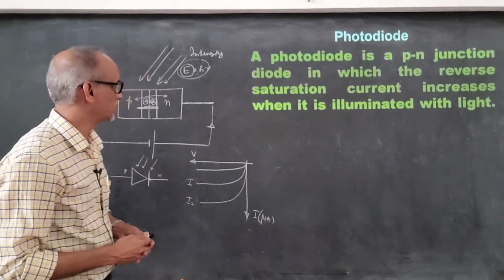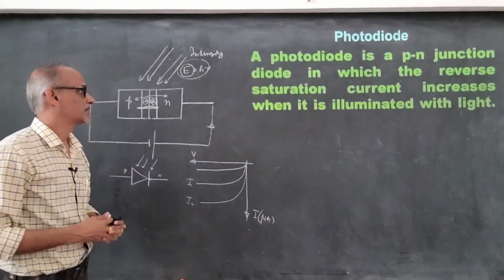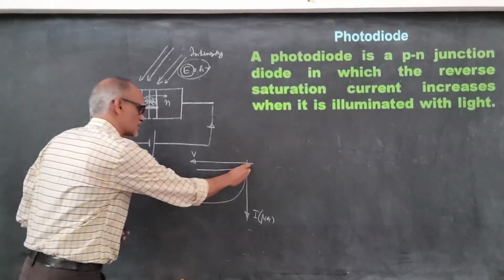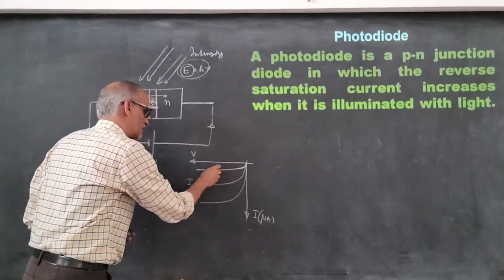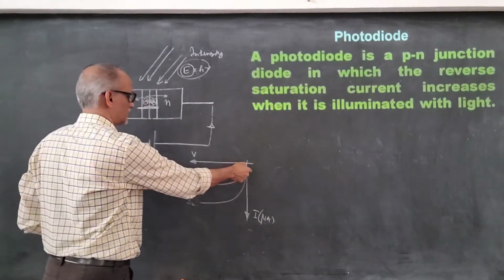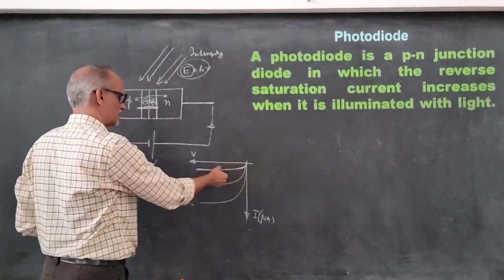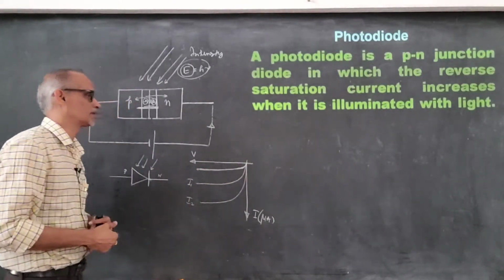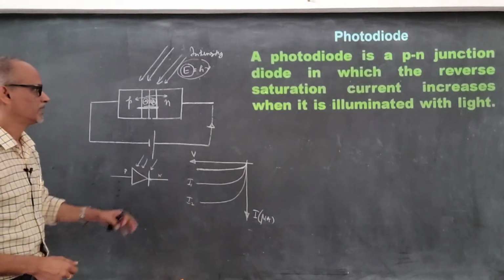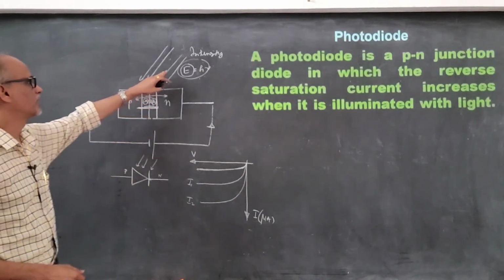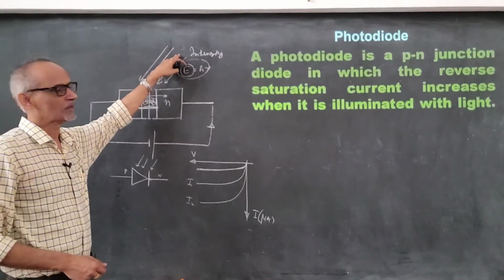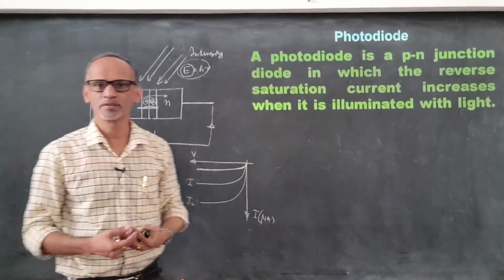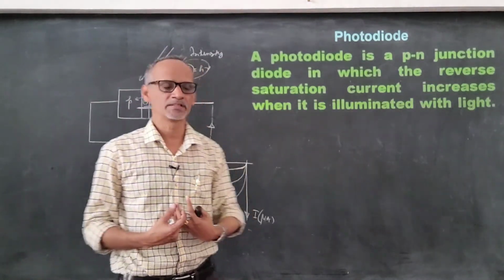A photodiode is a p-n junction diode in which the reverse saturation current, which is constant, that is why it saturates, in reverse bias, increases when it is illuminated with some light. It can even be invisible radiation, not only visible light.